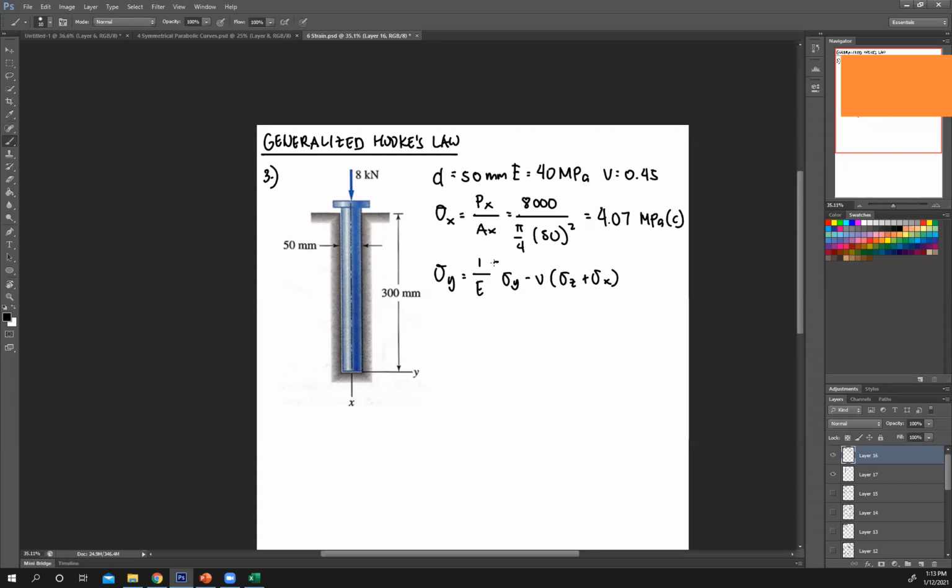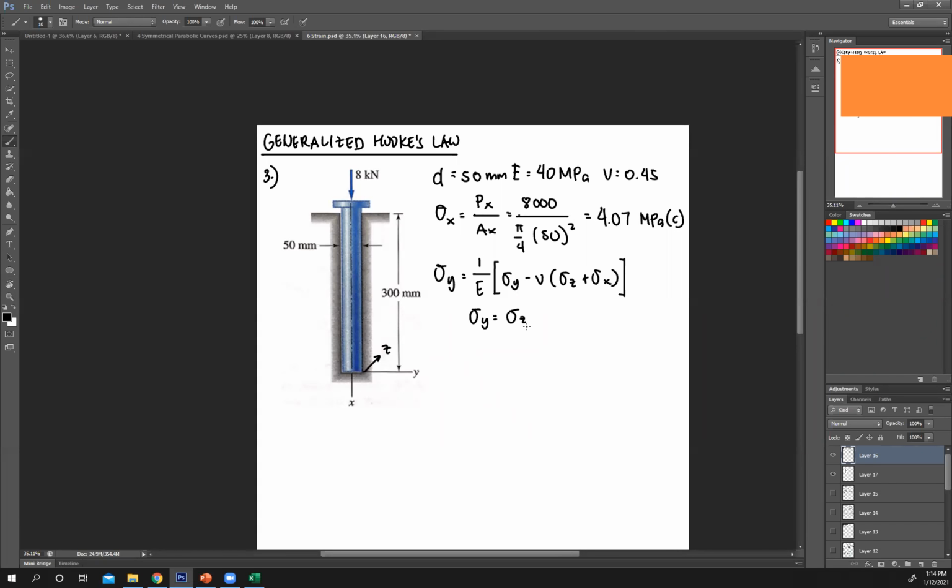My problem: I already know stress in x. I don't know stress in y and z. But y and z are the same, right? Since this is cylindrical, z is along this way. Whatever changes along the y direction would have been the same along the z direction. So stress in y equals stress in z.